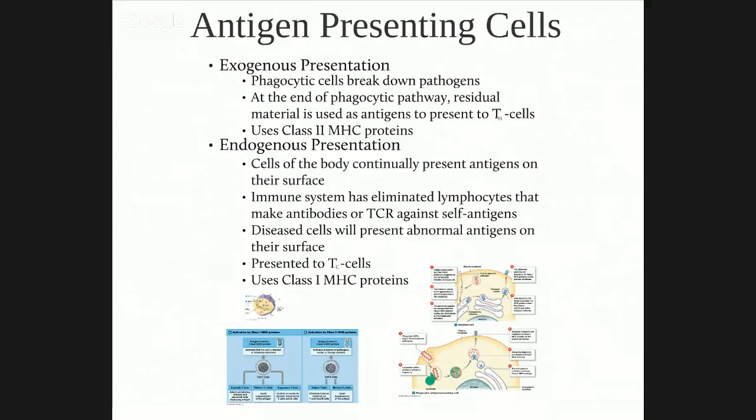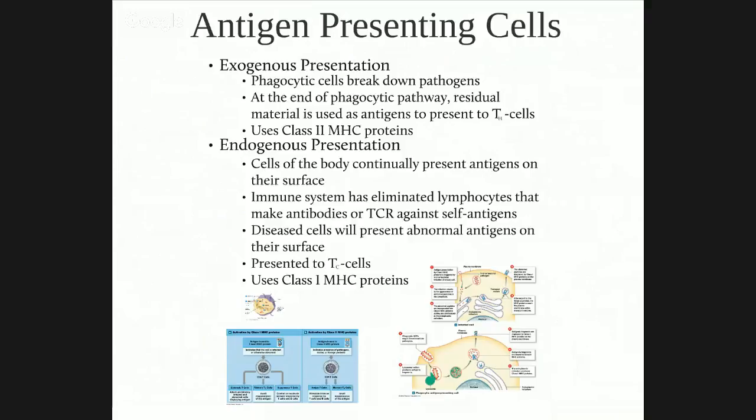Basically, exogenous is anything presented by a phagocyte, and endogenous is anything presented by one of your body cells. Usually it's an infected or diseased cell, cancerous, viral infections, something like that. Phagocytes presenting exogenous antigens will present on their surface using what's called class 2 MHC. And then normal body cells, or body cells, diseased and infected cells, will present antigens on their surface using class 1 MHC.